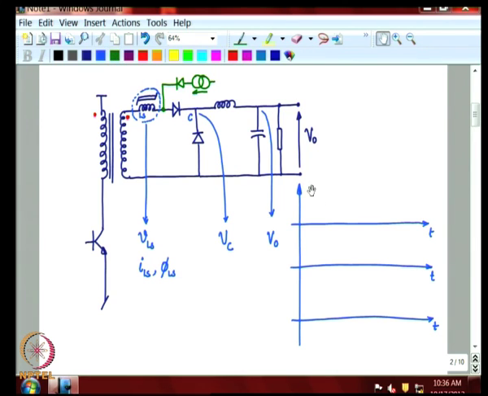So, let us divide the time scale into 4 parts.